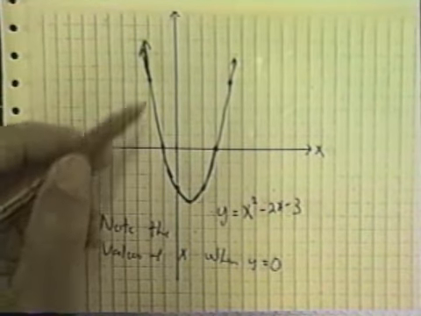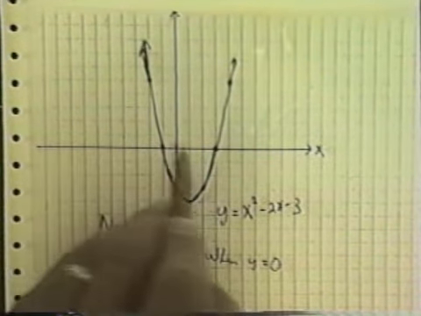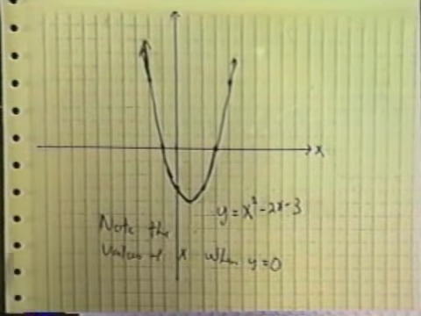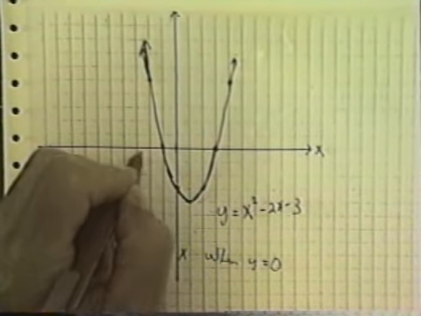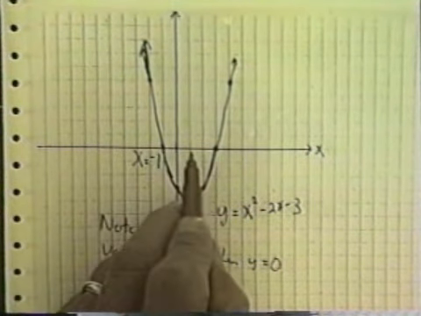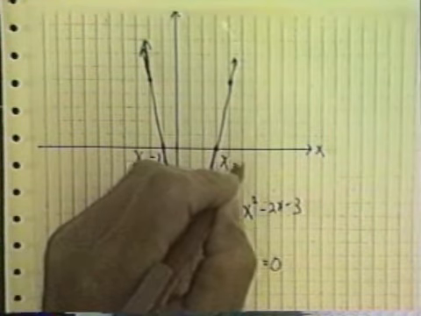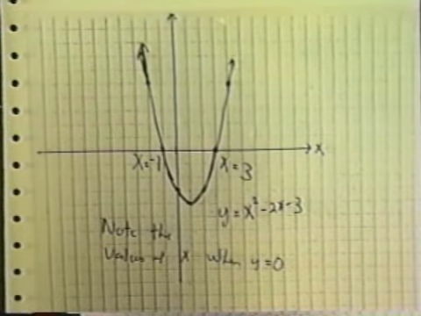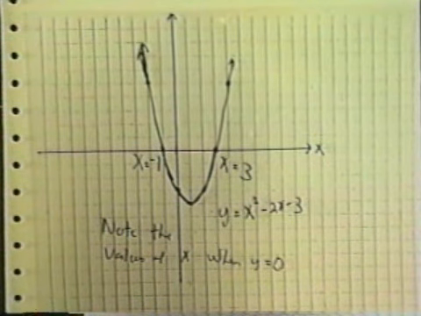Remember, y tells you how much you go up or down. All along the x-axis, I do not go up or down any. So we can tell on this function that y is 0 when x is negative 1, and y is also 0 when x is 3. Y is 0 when x is negative 1. Y is also 0 when x is 3.